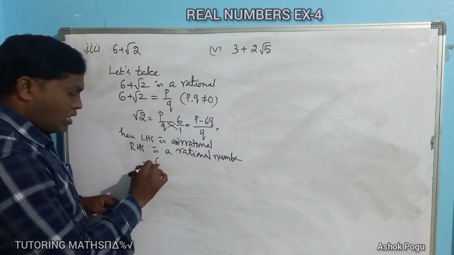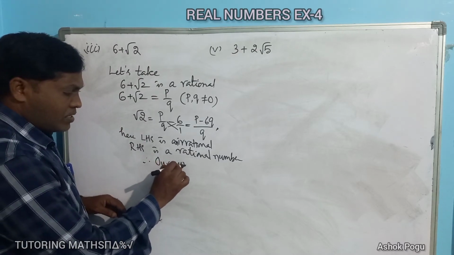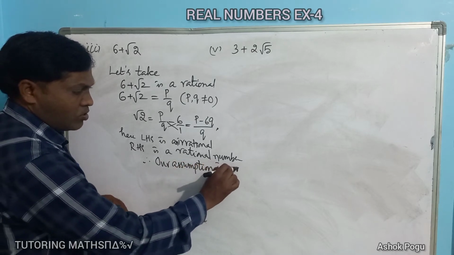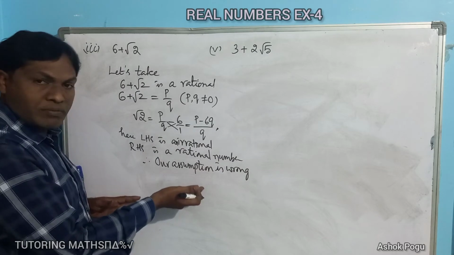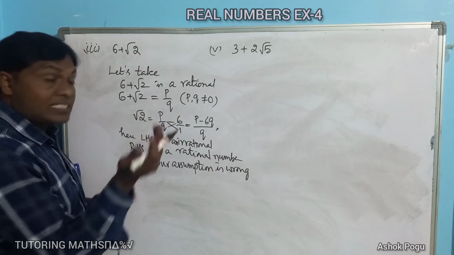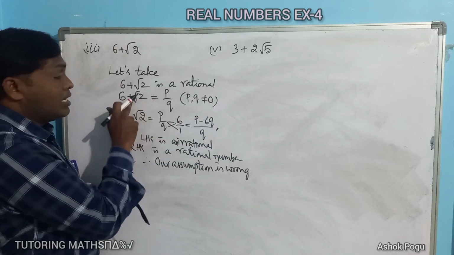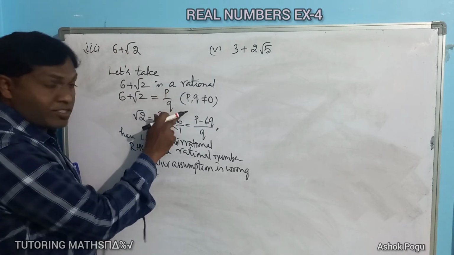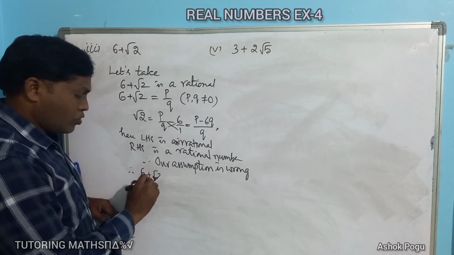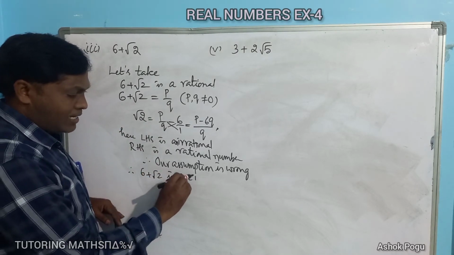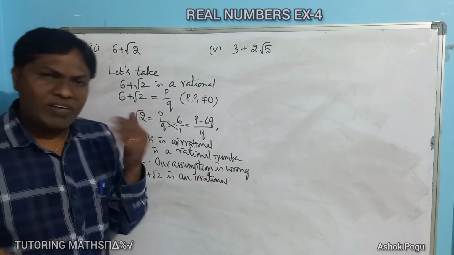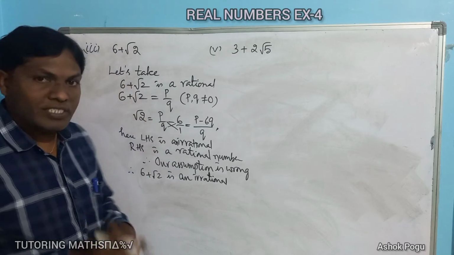So our assumption is wrong, because this contradicts the assumption. So therefore, what is that? Here 6 plus root 2 is rational. Is it rational? No. So therefore 6 plus root 2 is an irrational number. So very clear, very easy questions, but important questions, keep in mind.